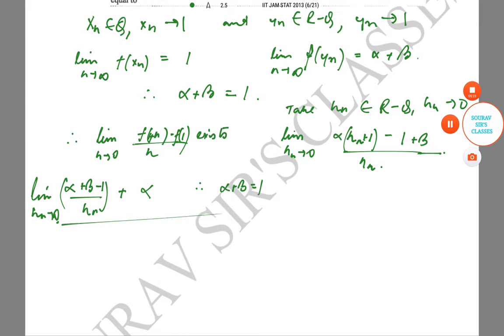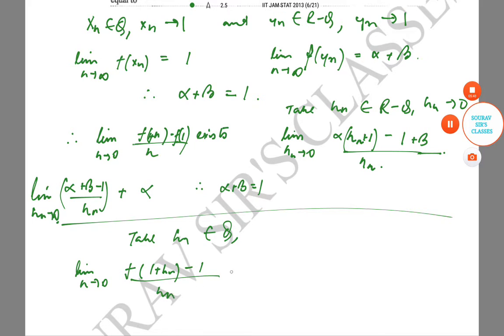If we take hn belonging to Q, we find limit of f of 1 plus hn minus 1 by hn, equal to 1 plus hn square plus 2hn minus 1 by hn as hn goes to 0.